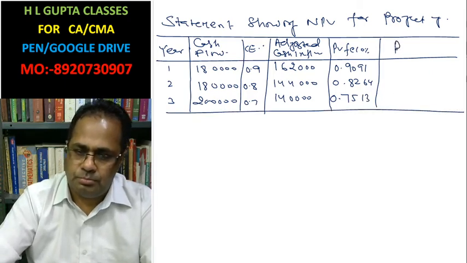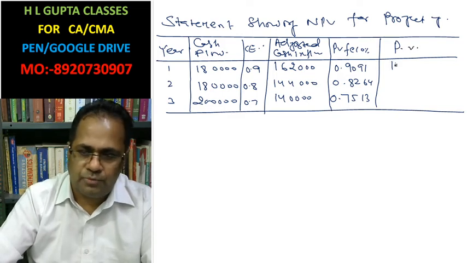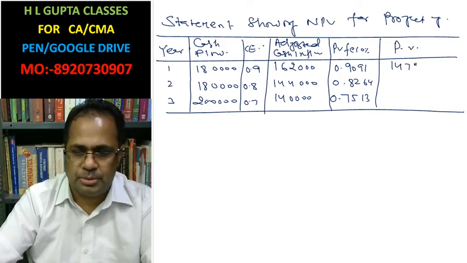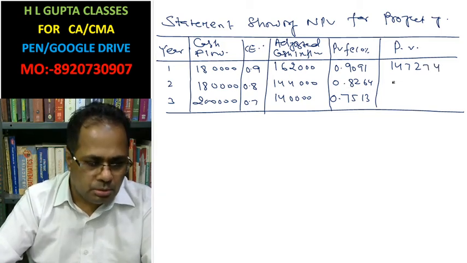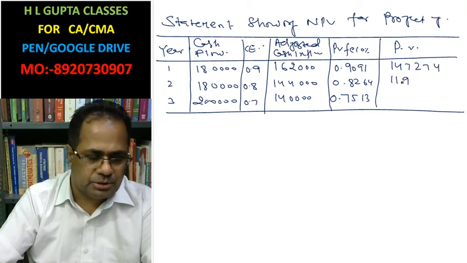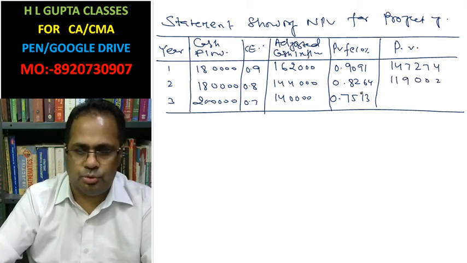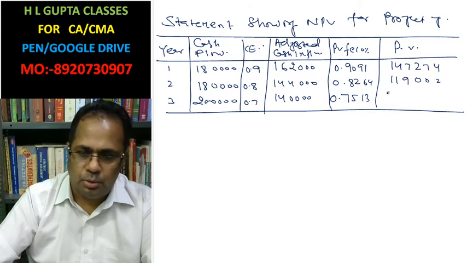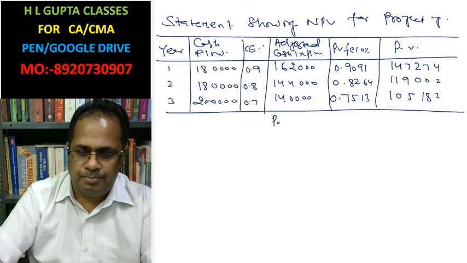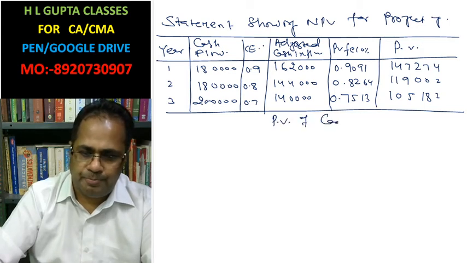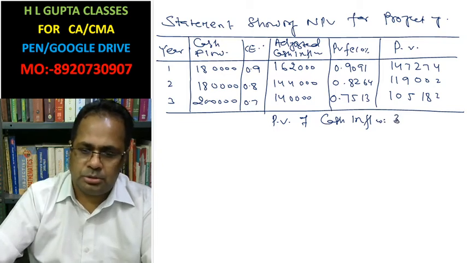Present value: 1,47,274, then 1,19,002, then 1,05,182. Present value of cash inflow is 3,71,458.